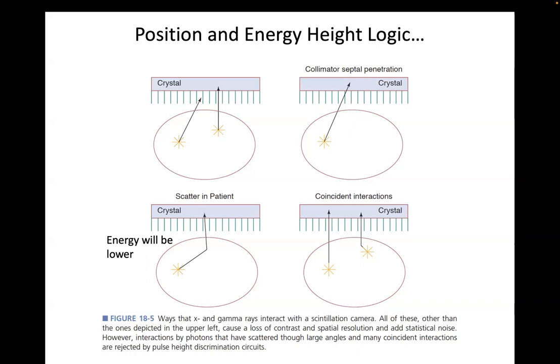If you're lucky, the energy left in this photon will be low enough that it gets taken out by the energy threshold logic. Then this event isn't recorded, because you would otherwise record it as having occurred somewhere along this line, when that's false. It occurred over here.